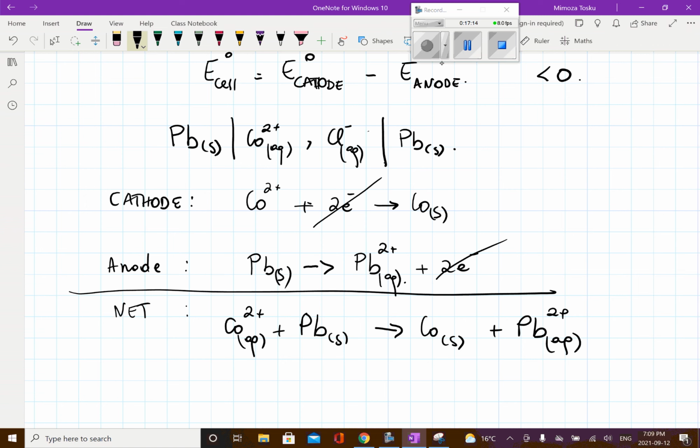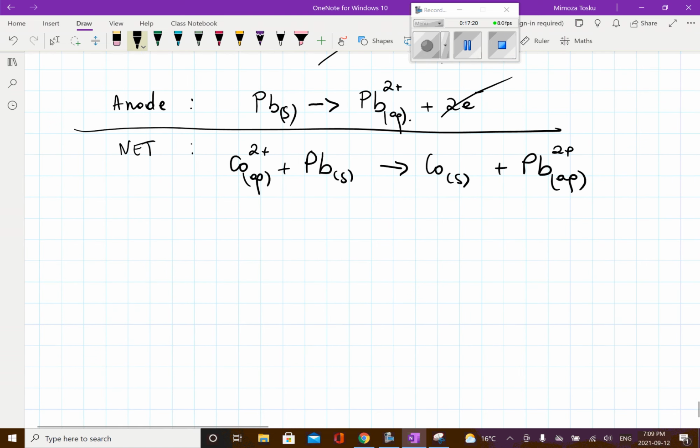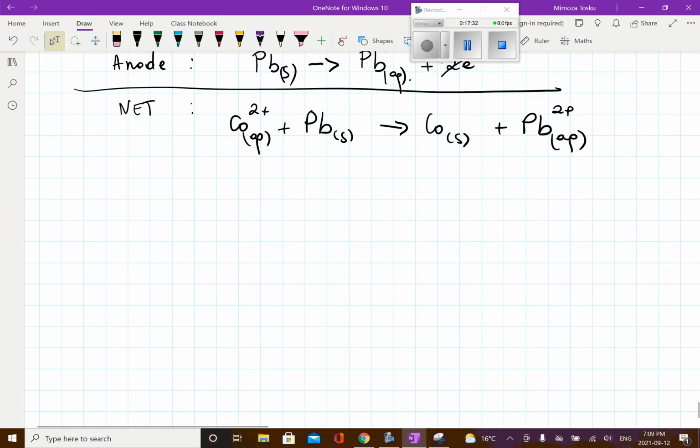And if you draw the electrolytic cell, including the power, then you will have something like this.